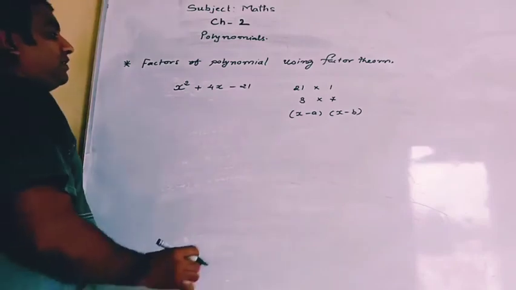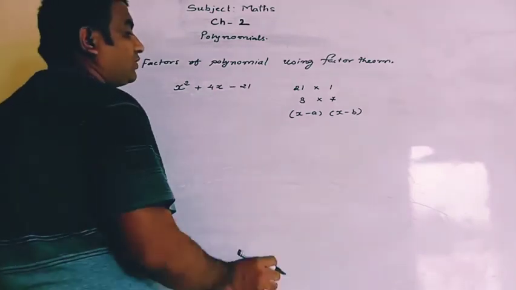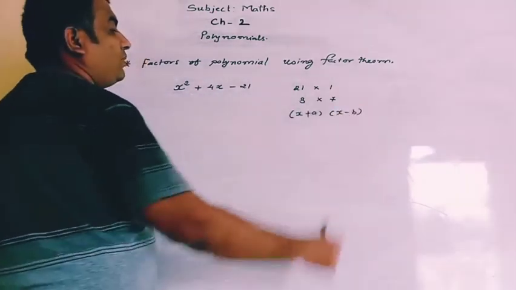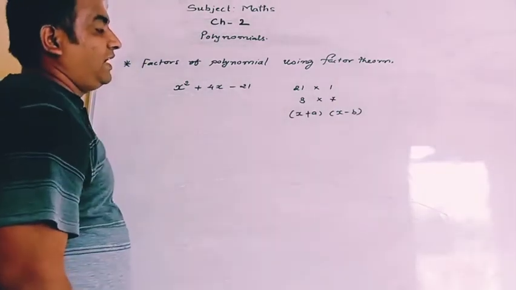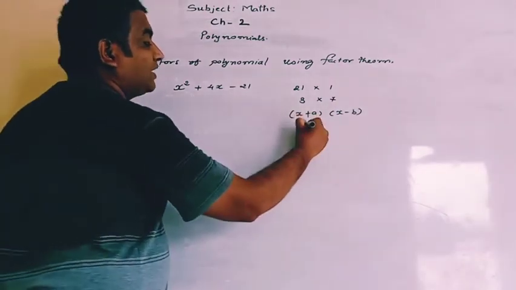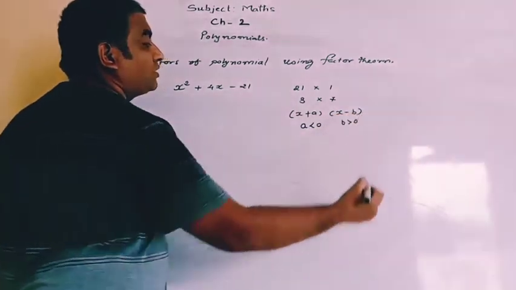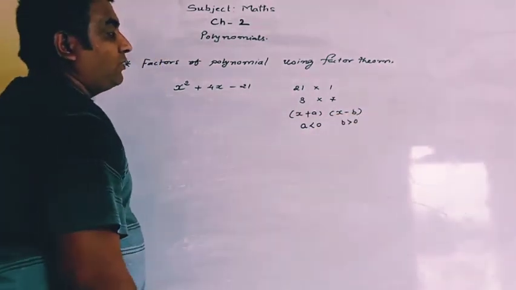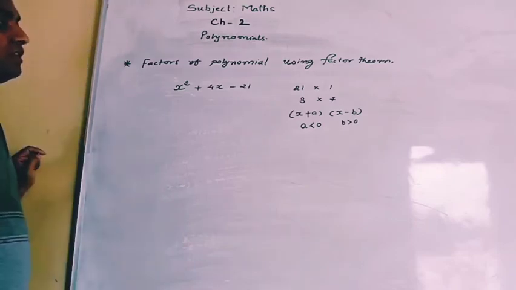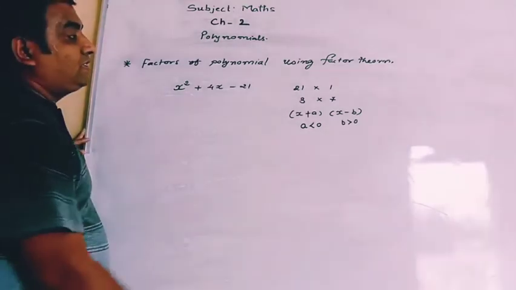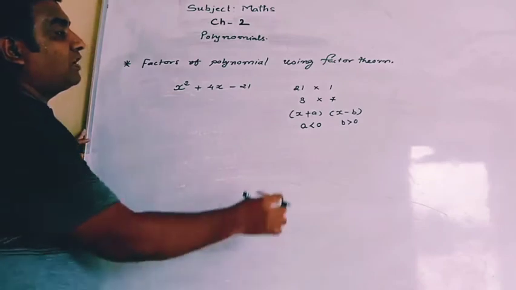Now here minus 21 is the product, so one will be a plus factor and one will be a minus factor. So x plus a and x minus b. Now x plus a, so a will be negative and b will be positive. So first we check with the smaller value.